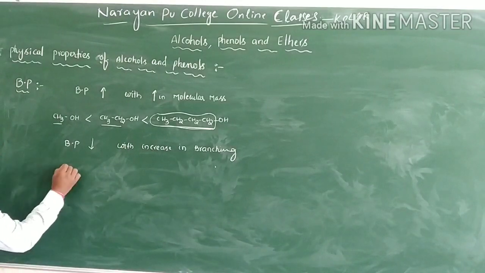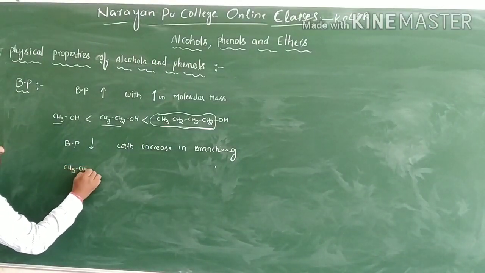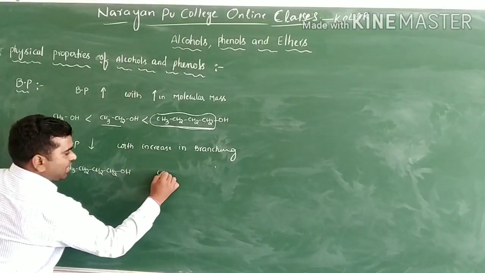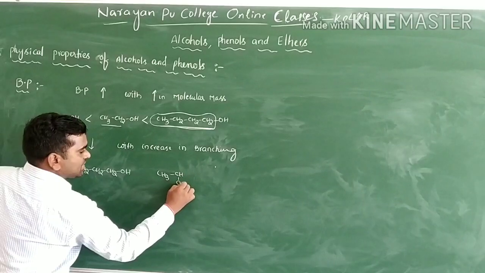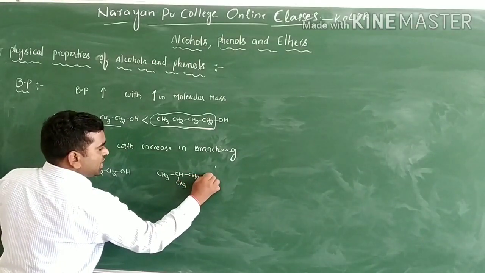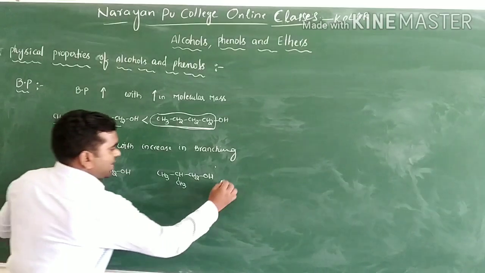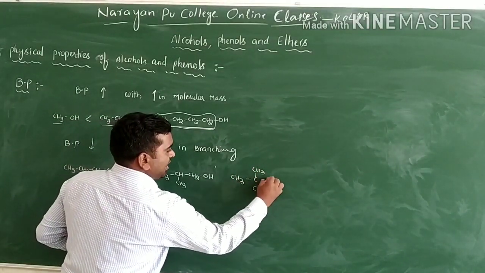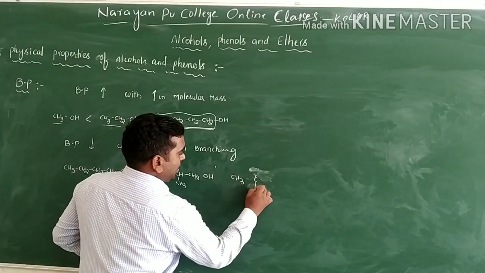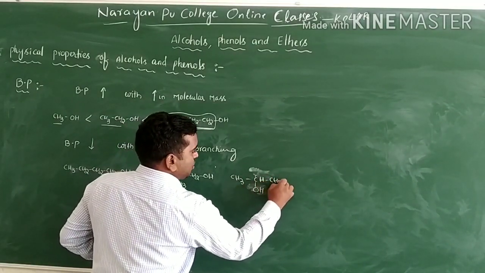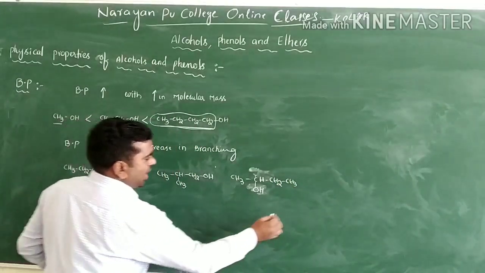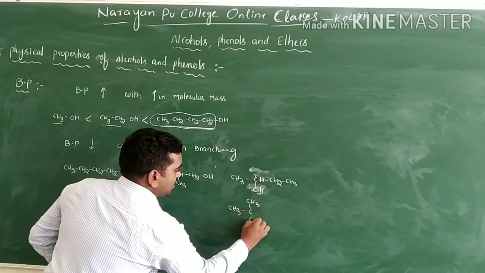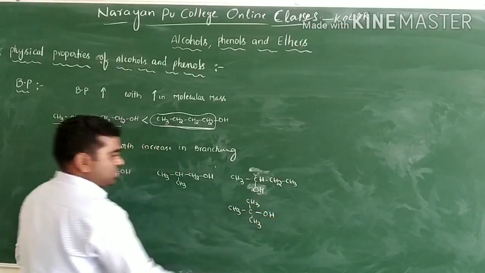Suppose I take a compound CH3CH2CH2CH2OH, it is butanol, and another compound I will take CH3CH(CH3)CH2OH, and next one is CH3 and CH3 with OH and CH2CH3, and the last compound I will write is CH3, CH3 and here OH.